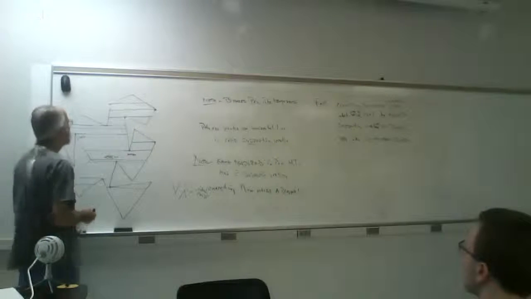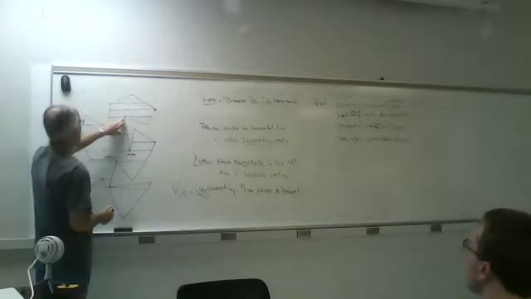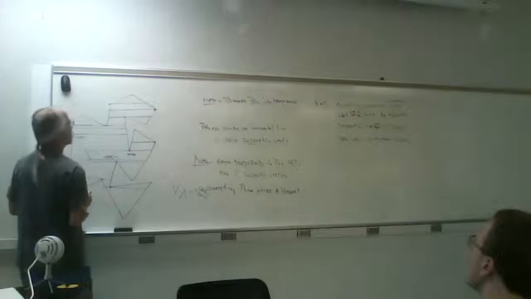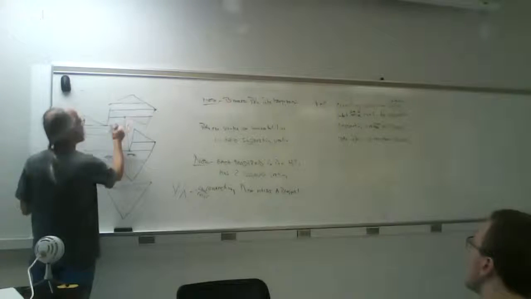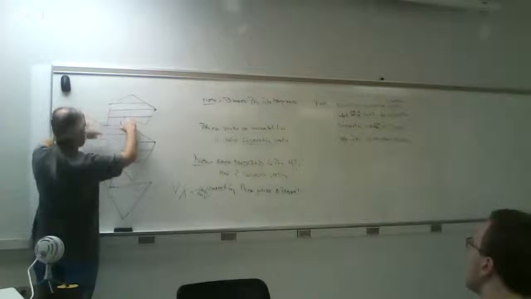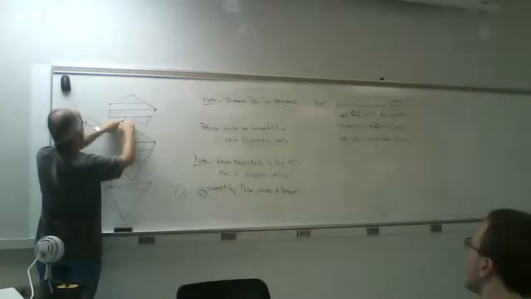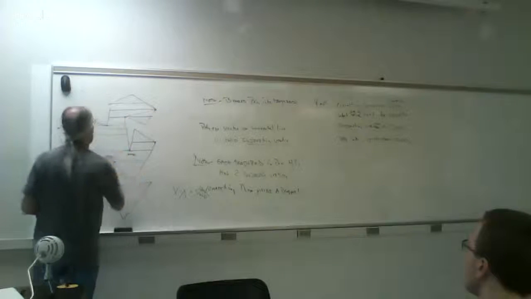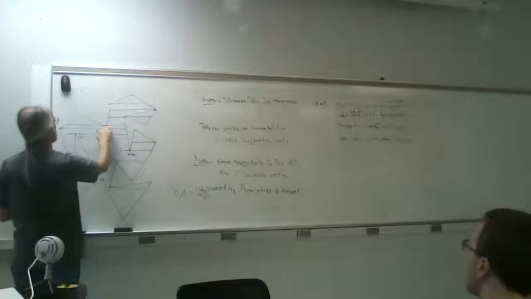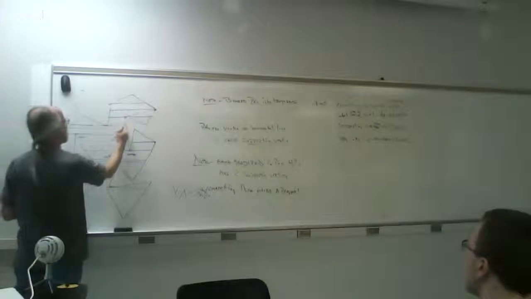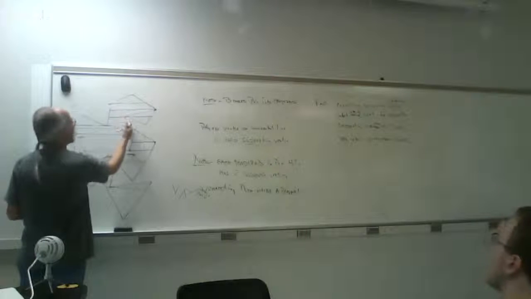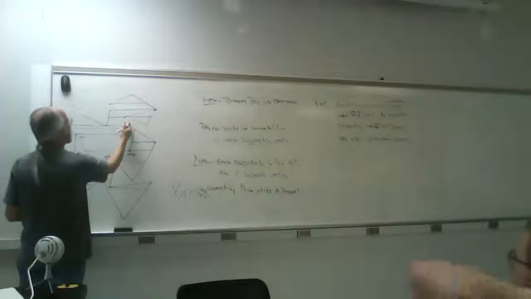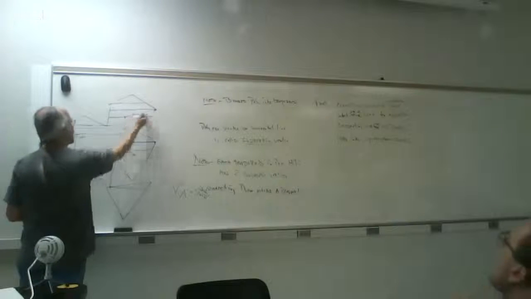So here's a cusp connected to the vertex that's opposite. This was a split, so opposite is going to be up there.